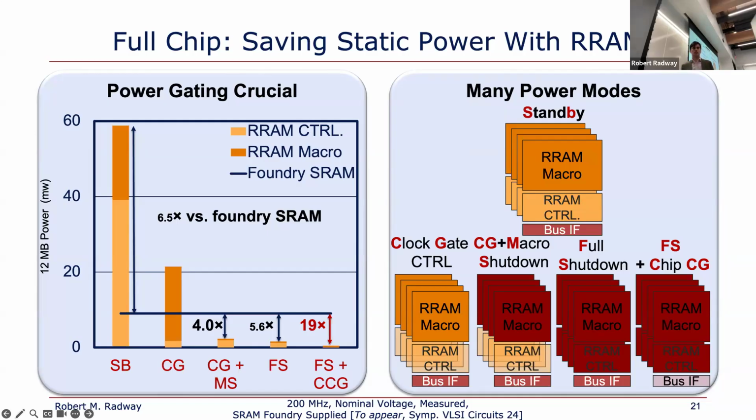And so what we had to do was figure out which of these circuit implementations actually gives us the savings that we expect versus an SRAM, which is constantly sinking power to keep the data around, and turning the RRAM off. It turns out that you basically need to fully shut down either the macro or the entire chip in order to have that maximal savings.